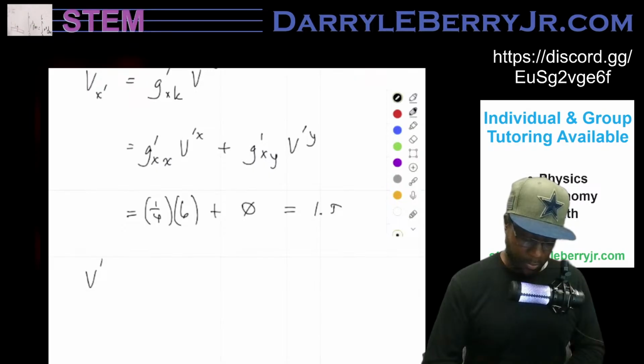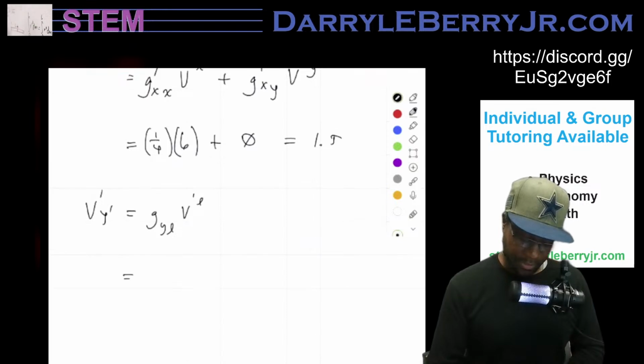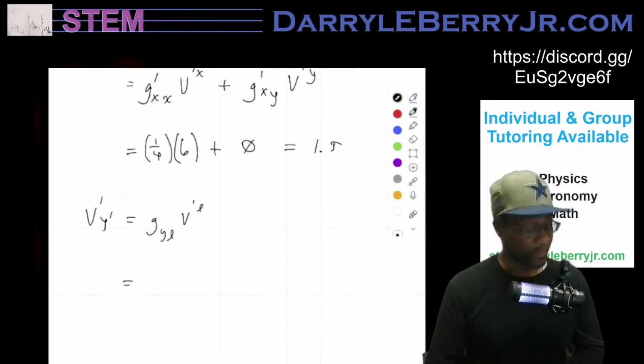Almost finished. We'll get to the prime y1. I'll write this out in the slightly more explicit notation that I did before. V prime L. And again, this is a duplicated index, so that means that it's summed in Einstein notation.